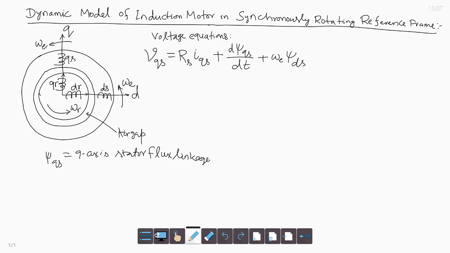In a DC machine, when the flux is along the d axis, the armature EMF is induced along the q axis. The armature winding is equivalent to a winding between the brushes, and the brush axis and pole axis are 90 degrees apart. So, in a winding between the brushes, EMF is induced due to flux along the d axis. Similarly, the q axis stator winding is equivalent to the armature winding of a DC machine, and psi ds, the d axis stator flux, is equivalent to the pole flux of the DC machine.